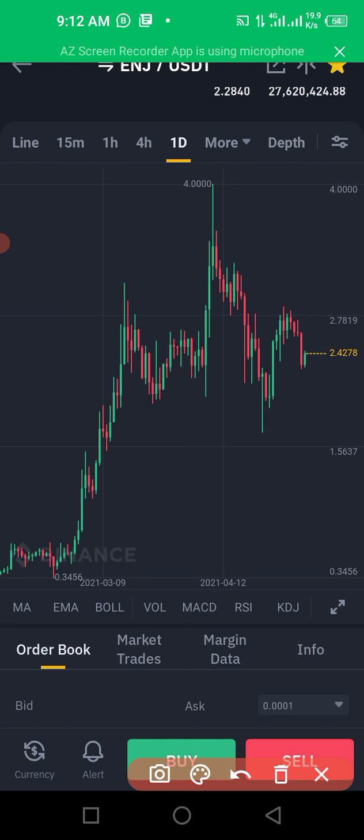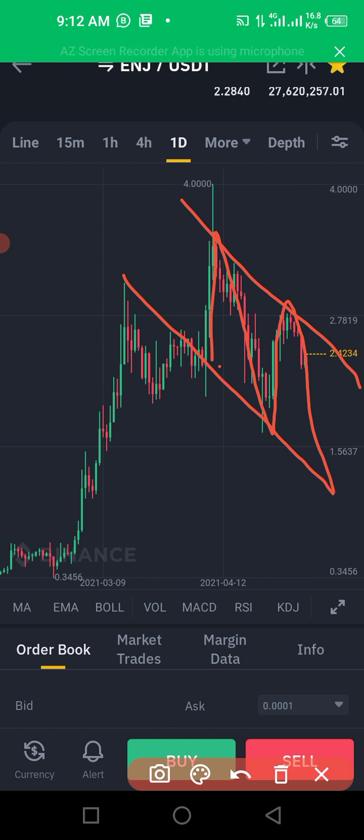Okay, so let's take notes. Always draw your support and resistance. I'm also seeing another support and resistance here. Don't mind my drawing. If you check, the market is also following this pattern.